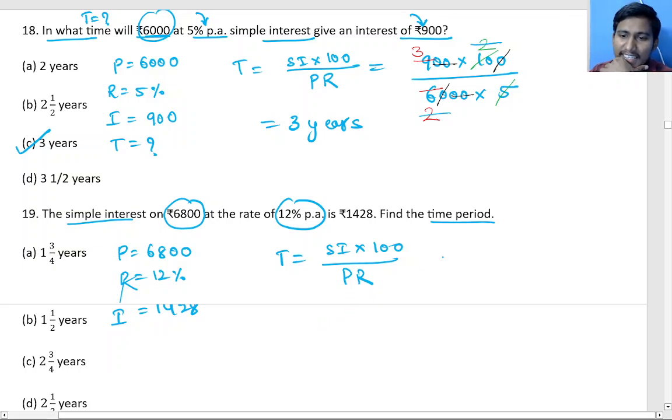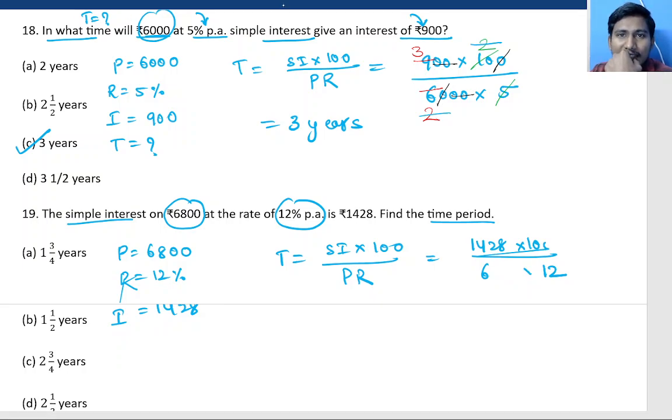So let us take it. Simple interest is 1428 into 100 divided by principal, 6800, into rate of interest 12. So now just cancellation, right? If you do the cancellation, you will get the answer.